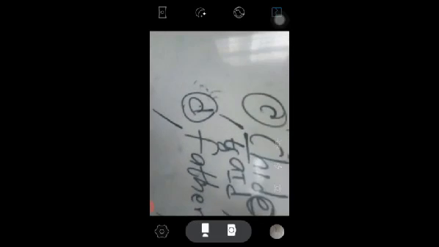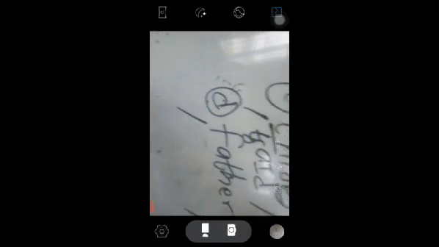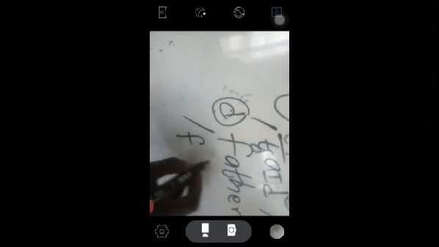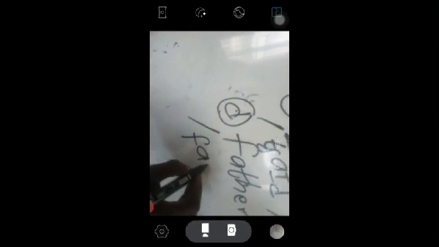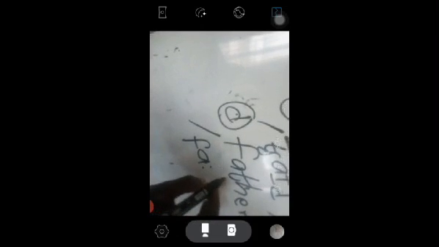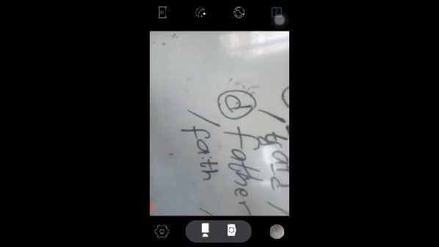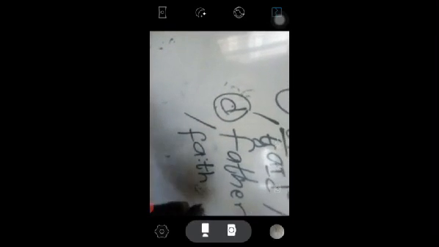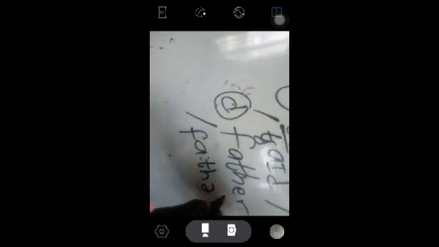Then we have the last one, looking most unlikely to give us the answer, but who knows? So we have the first letter F sounding F, the letter A sounding R, and the letters TH sounding V, and the letter E giving us a short sound.